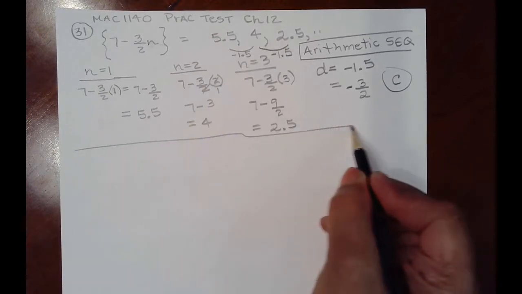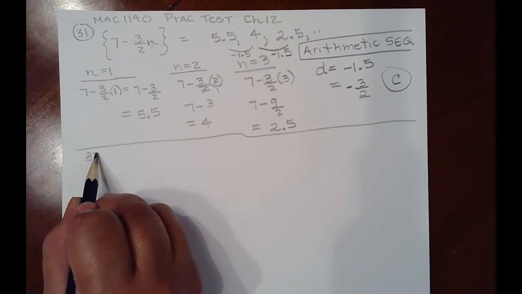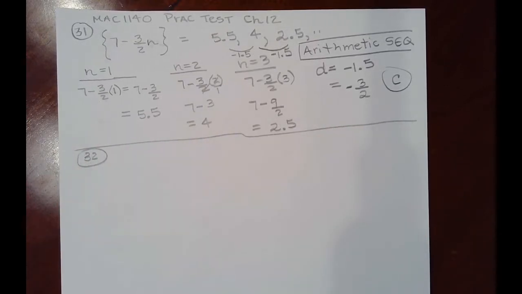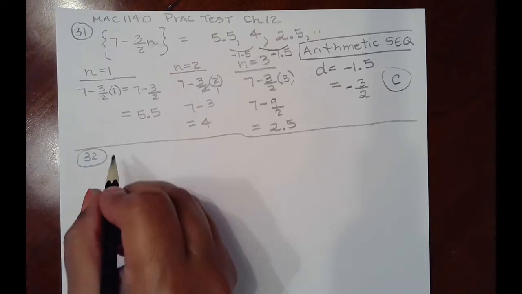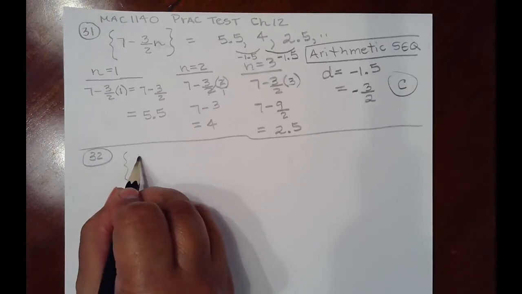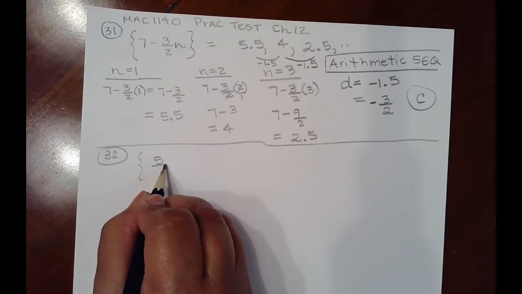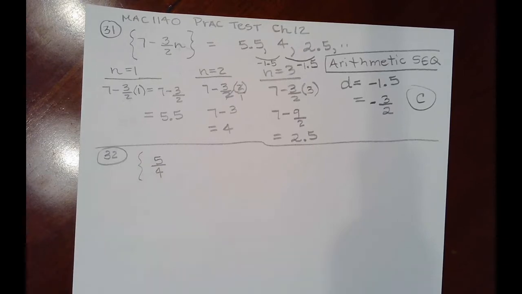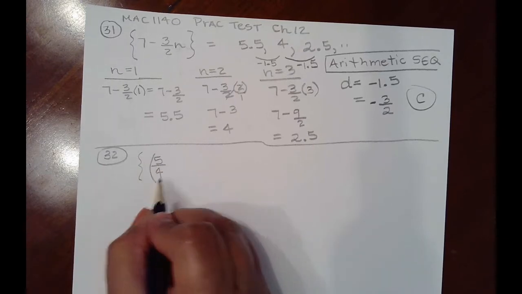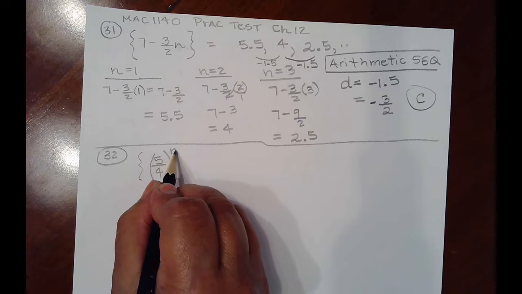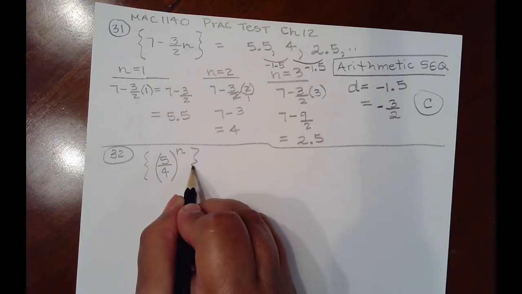Okay, moving on to 32. In problem 32, it's the same set of instructions. You are starting off with this rule in order to generate the terms in the sequence, 5/4 raised to a power of n.